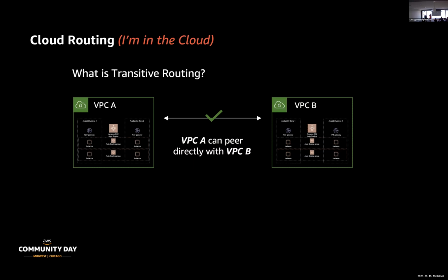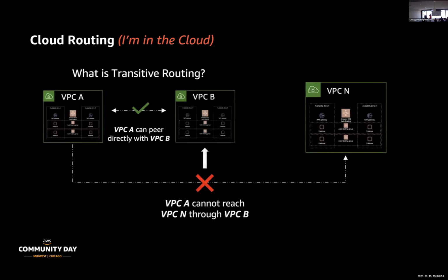But say that I want to route to another VPC through that one. I can't route VPC A to VPC N through VPC B. So what this means is if I'm using VPC peering alone, and I'm not using anything else, there's no forwarding information base in a VPC.